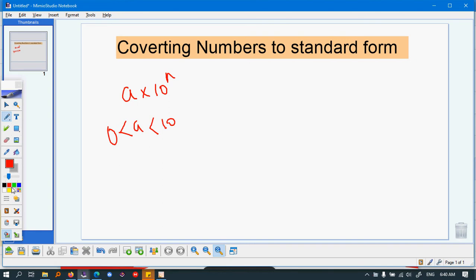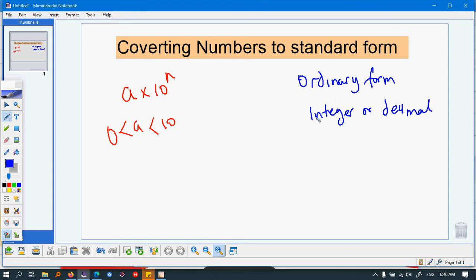Now, we usually convert numbers from a form that we call the ordinary form. The ordinary form is usually integer or decimal form. For example, if you have a number like 53 million, let's say this is money, 53 million US dollars.